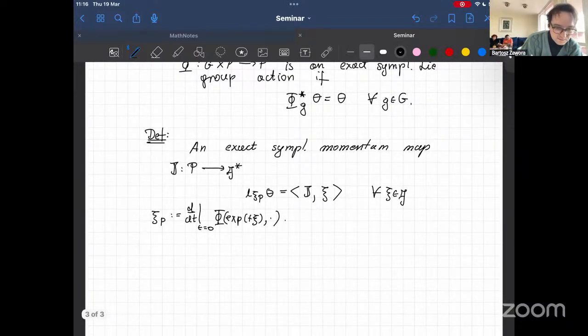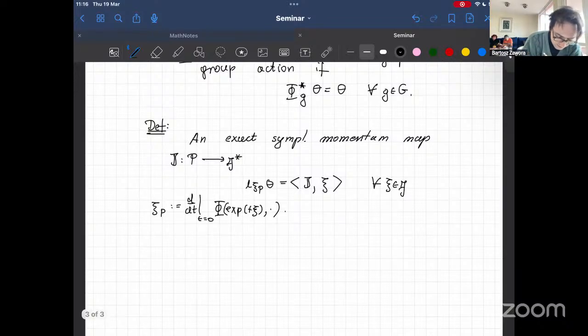Okay, so you can easily retrieve the classical notion of a symplectic momentum map by differentiating it, and using that the Lie group leaves theta invariant, so it leaves omega invariant, you can manipulate formulas in such a way that you get the classical definition of a momentum map, with a minus sign, I believe. But since our symplectic manifold is exact, we define the momentum map using the one form theta.